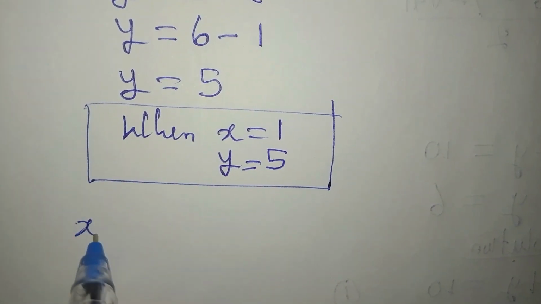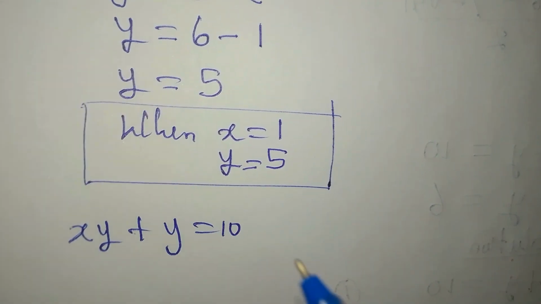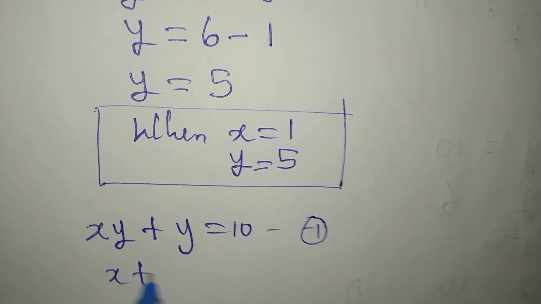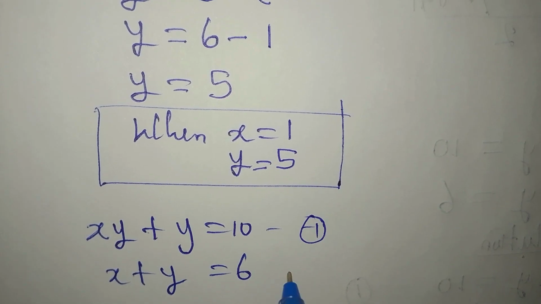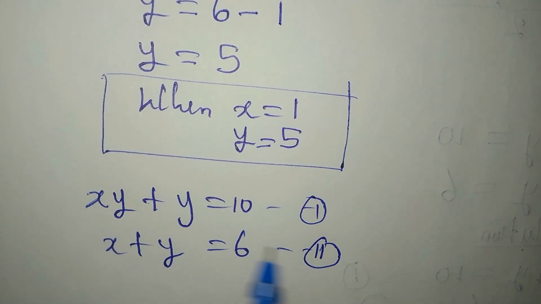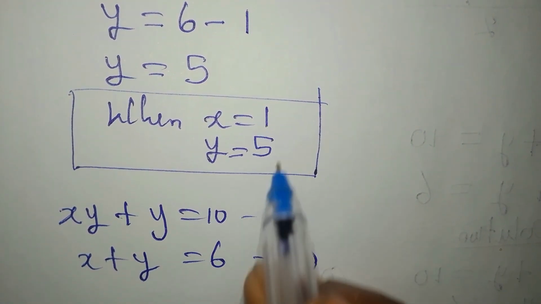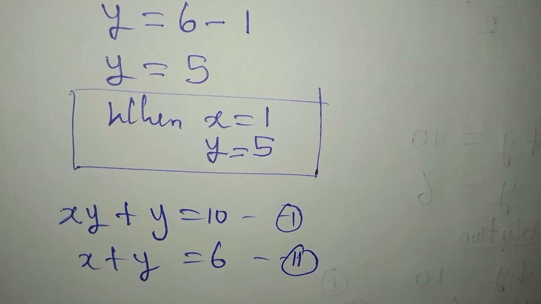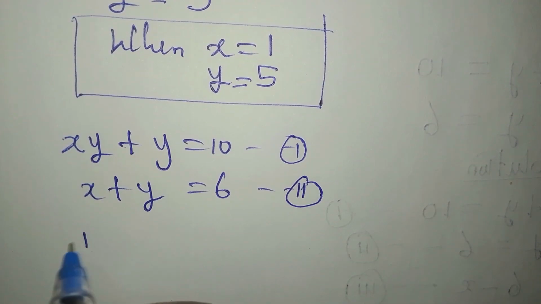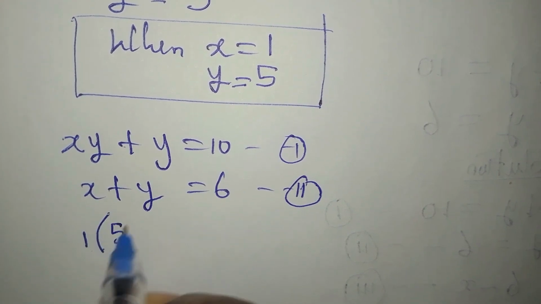Remember, we got xy plus y equals 10 as equation 1, and we got x plus y equals 6 as equation 2. Now, let's try the last solution. x is 1 and y is 5. So that means I'm having 1 in place of x, times y, and our y is 5.